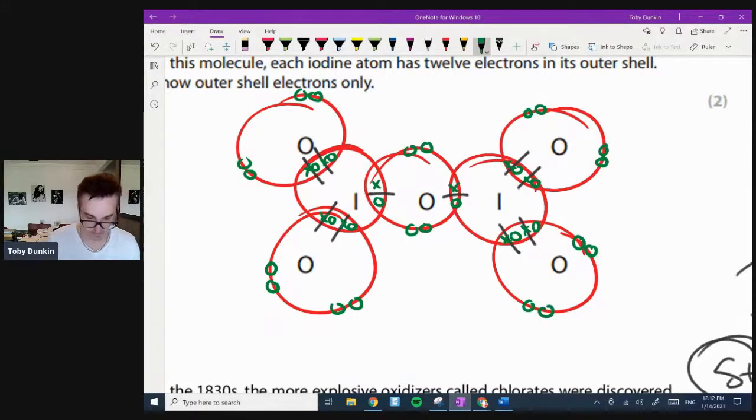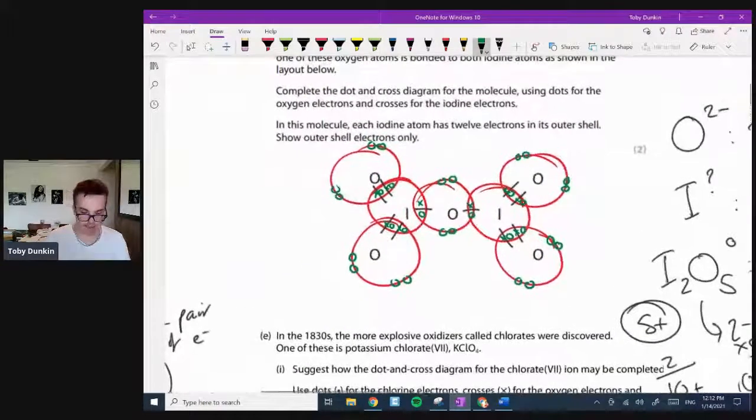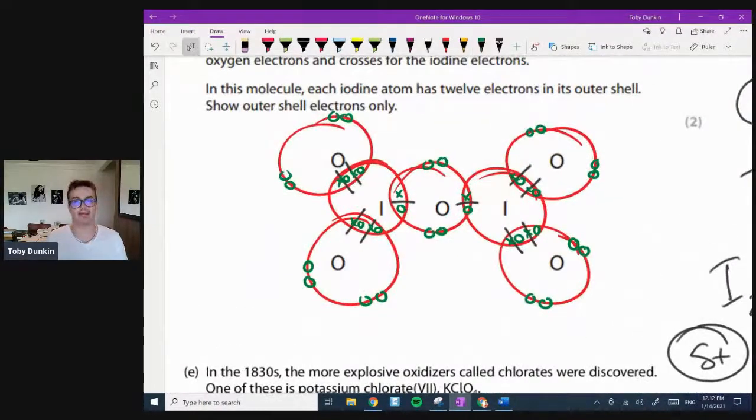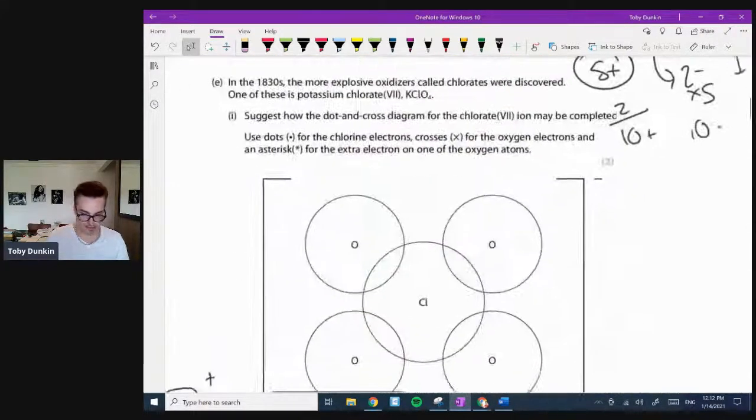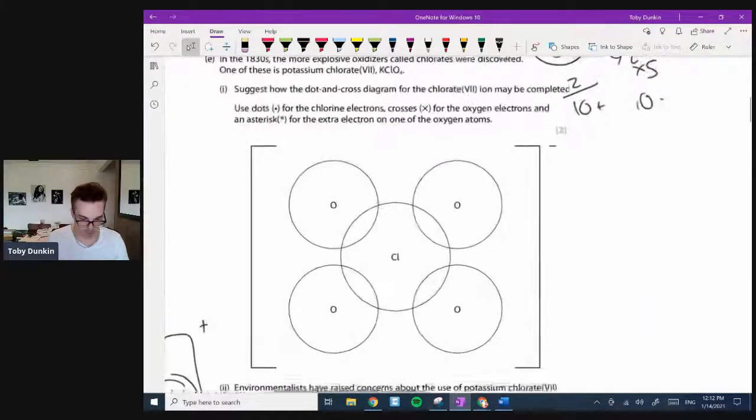There we go, and I'm done. See, it's really quick when you know what you're doing, but every single one of them requires a little bit of thought. And yes, the iodines in the center have now got 10 electrons in their outer shell. What that means is they're in a funny hybridized state where the subshells are blended together to allow them to make more bonds.